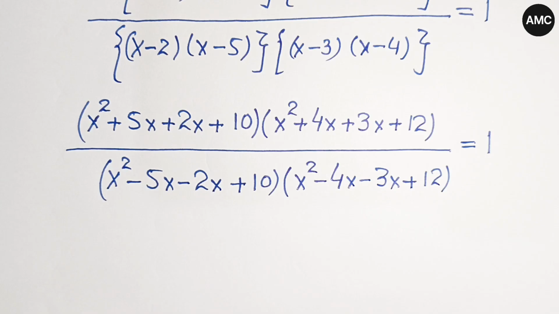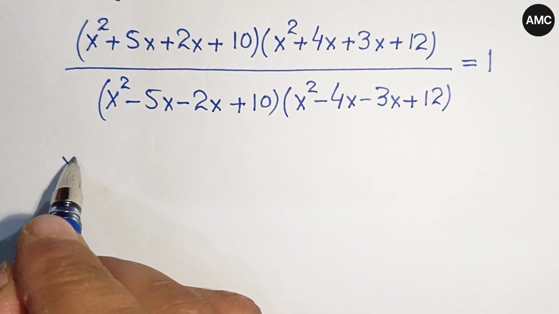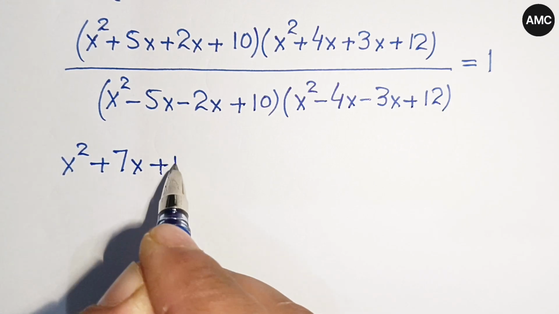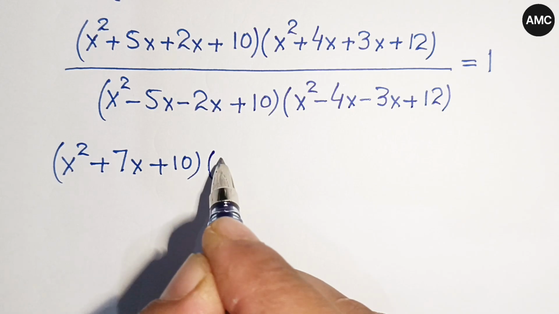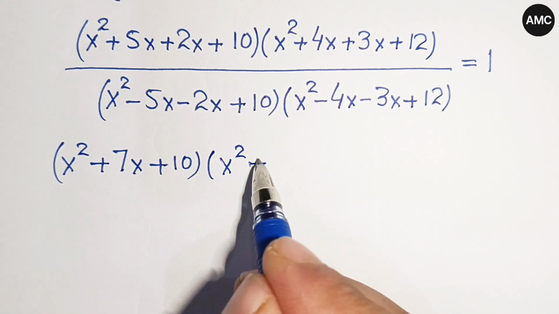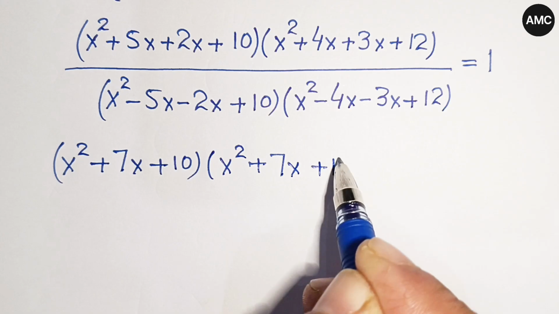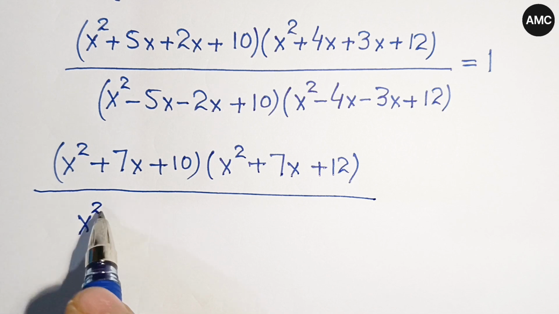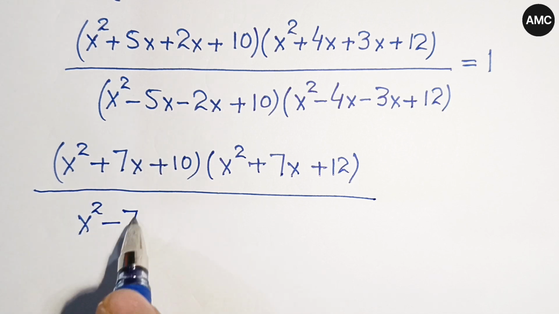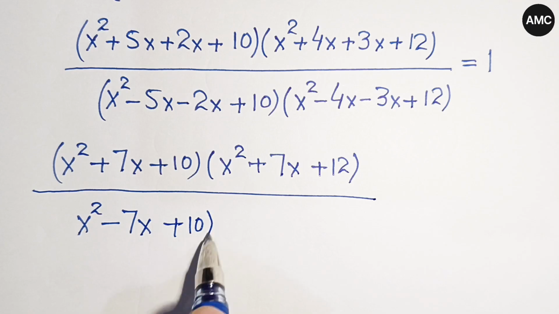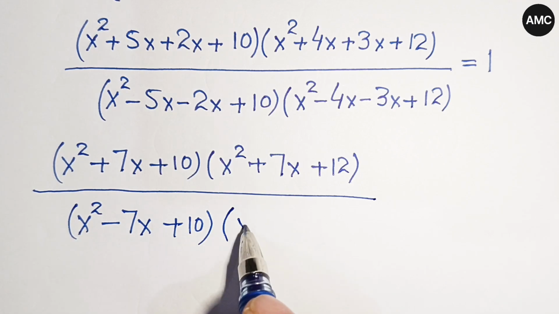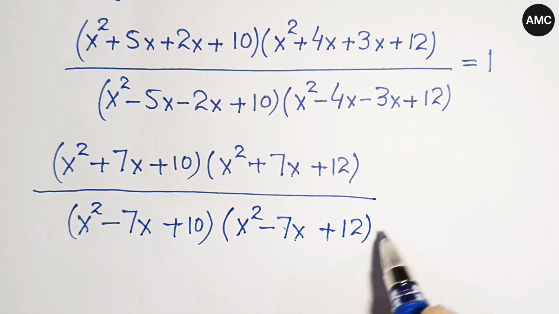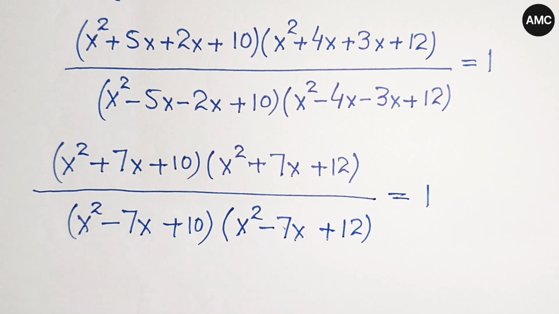Here we have x squared plus 5x plus 2x, we get x squared plus 7x plus 10, and here x squared plus 4x plus 3x, we get x squared plus 7x plus 12, all over x squared minus 5x minus 2x, we get x squared minus 7x plus 10, and similarly in our second pair, x squared minus 7x plus 12, is equal to 1.